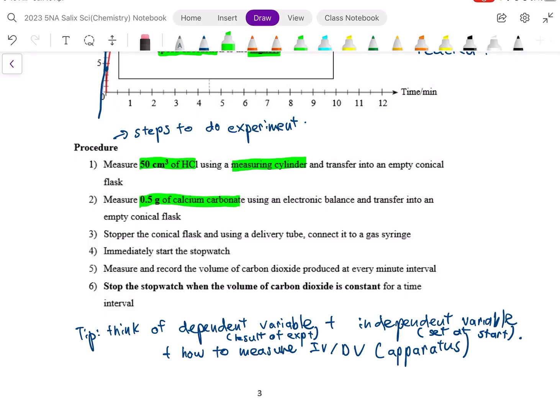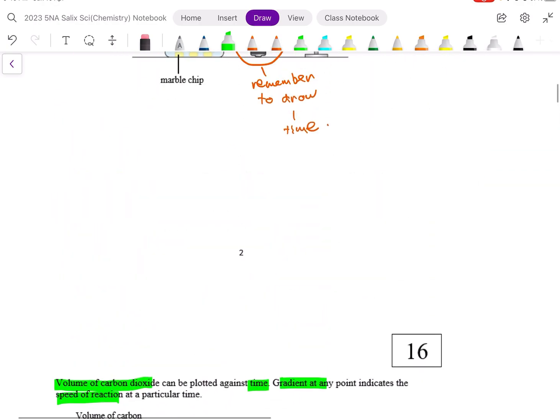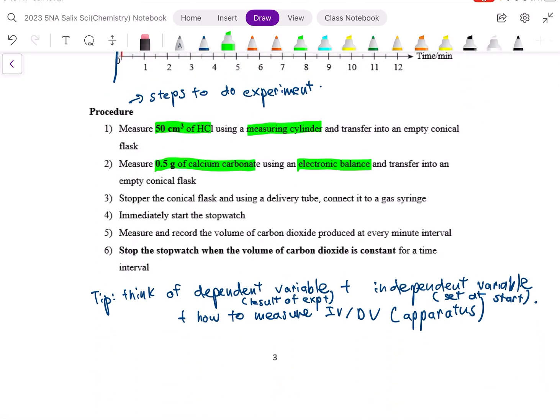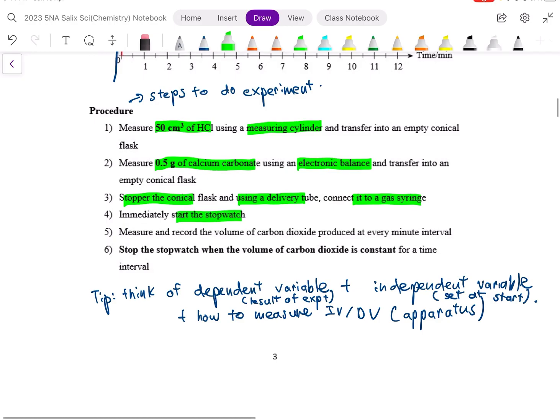Then you measure 0.5 grams of your calcium carbonate using an electronic balance, and transfer into that empty conical flask as shown over here. Then you stopper it, and using a delivery tube connect it to a gas syringe.